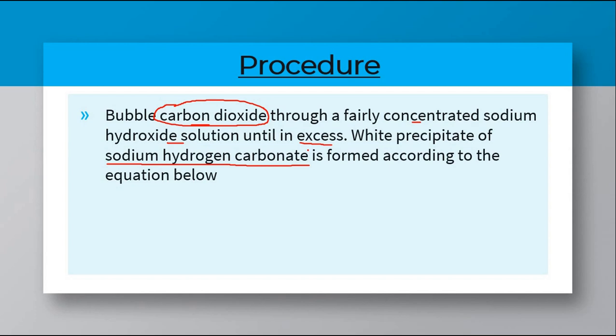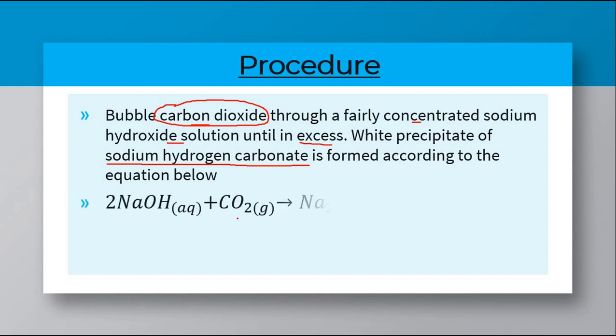So those are two different ways. We can have the formation of sodium hydrogen carbonate passing through two stages. One, we first form sodium carbonate, that is when we have less carbon dioxide gas. Then secondly, we can add straight away excess carbon dioxide gas, then we form sodium hydrogen carbonate.